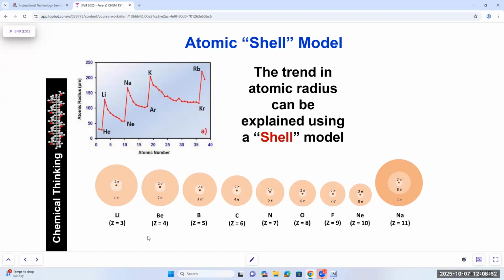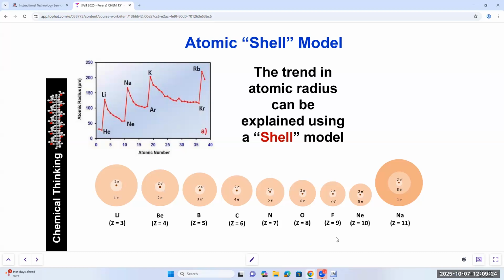You are increasing the atomic number, meaning the positive charge of the nucleus increases. If you have a greater positive charge, that's going to have strong attraction towards the electrons. As a result, these electron clouds get closer to the nucleus, meaning your atom is going to become smaller.